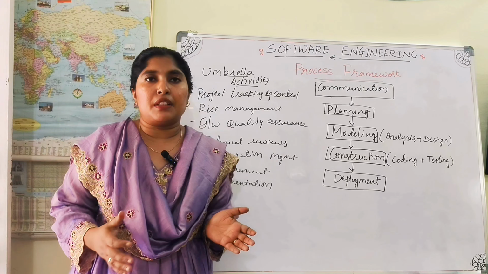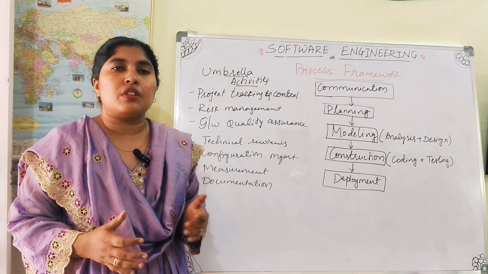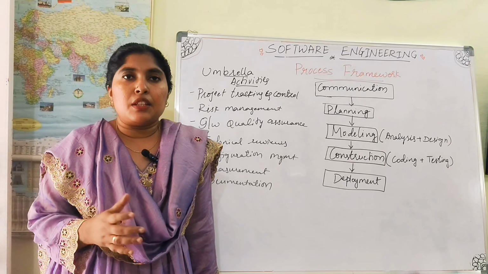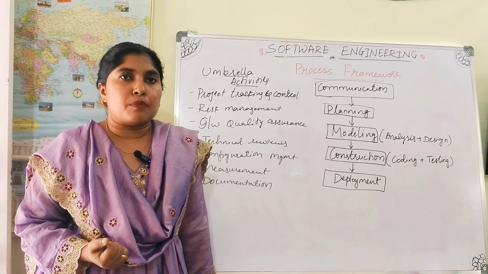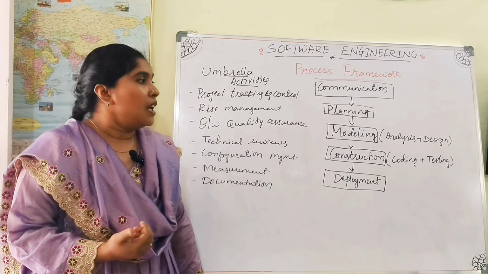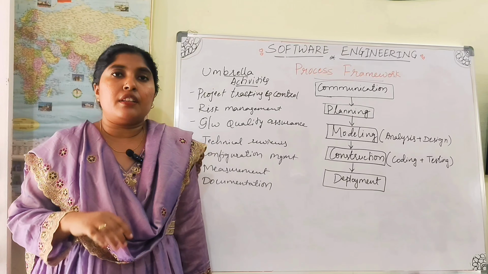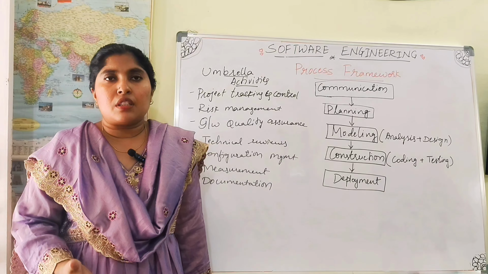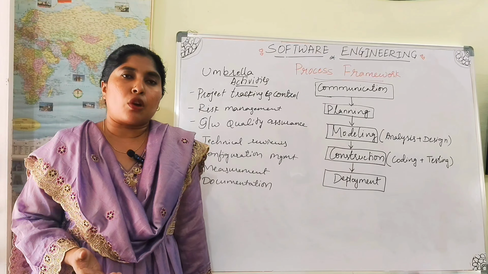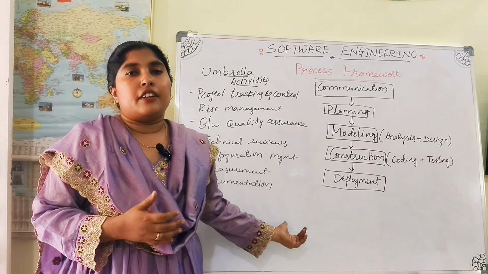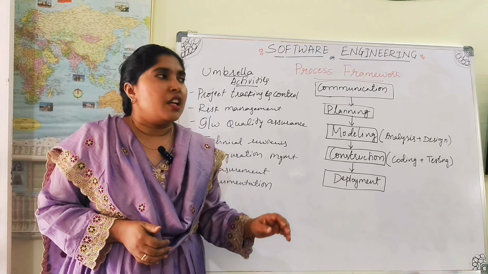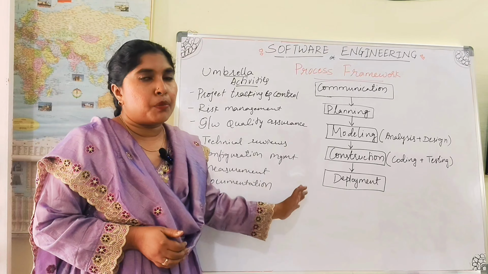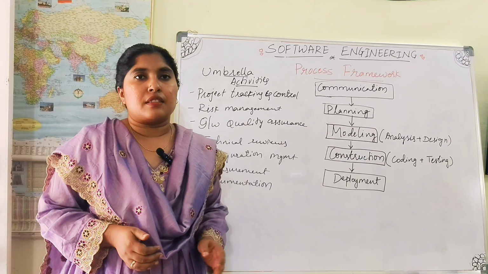If any bugs, errors or malfunctioning of the software occur, the technical people go through the documentation to rectify them. And if new employees join, documentation tells them what we have done and where we have stopped. So documentation also plays a major role. These things should be carried out throughout the project development phases.